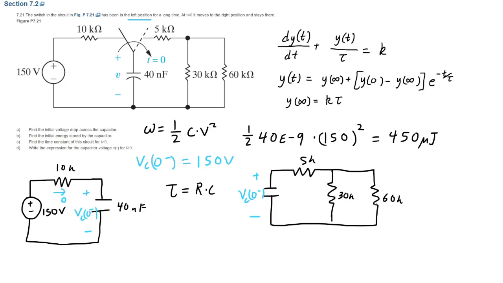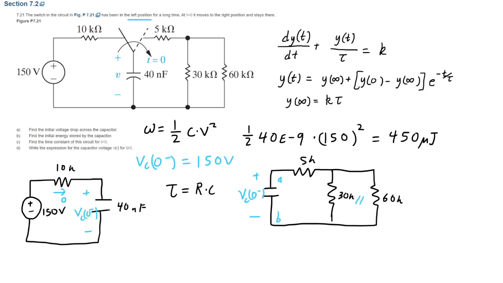Whenever you're looking at the R equivalent, we're going to think about, okay, here's A, here's B. What's the resistance between those two terminals seen by the capacitor? Well, the way that works is just like we've done before. There's two of these resistors in parallel, and then that parallel combination is in series with the other one.